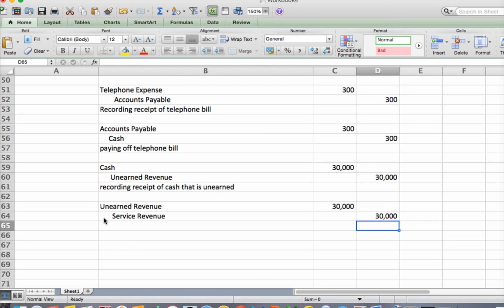Okay. So the liability account has now gone down by $30,000, and those cancel each other out, so that's now a 0, and we would show earned revenue. Okay? That's when we actually earn that money.